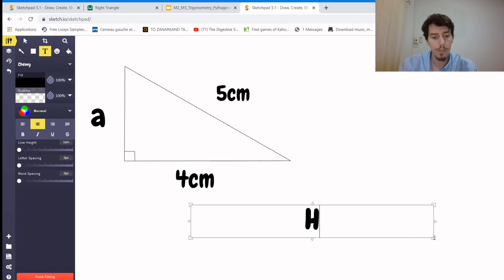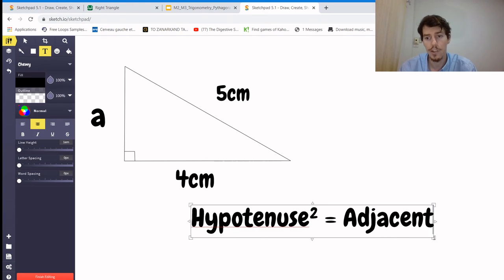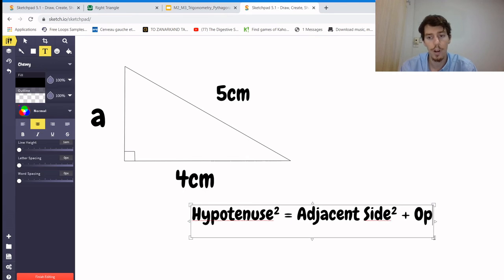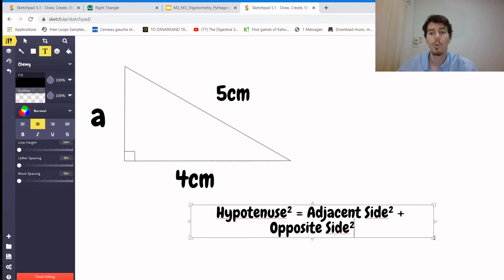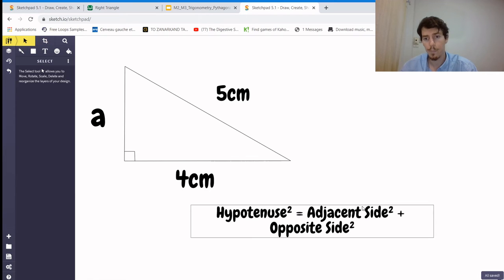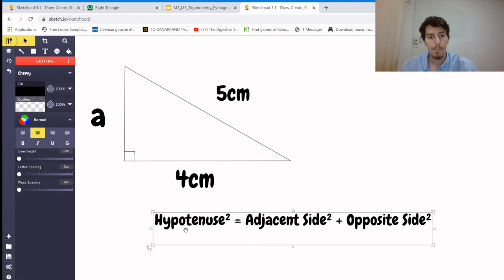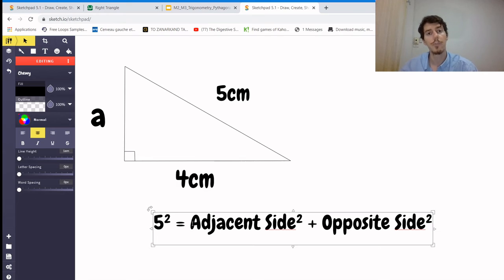So the first thing we do, we write Pythagoras: hypotenuse square equals adjacent side square plus opposite side square. In the last exercise we didn't know the hypotenuse, but here we know it. We know that it's 5.